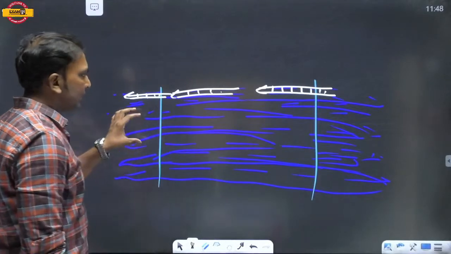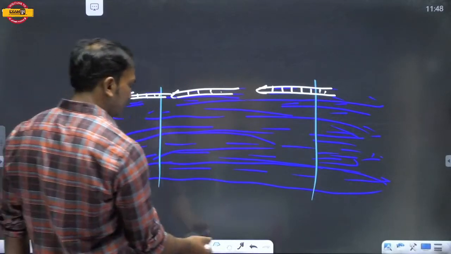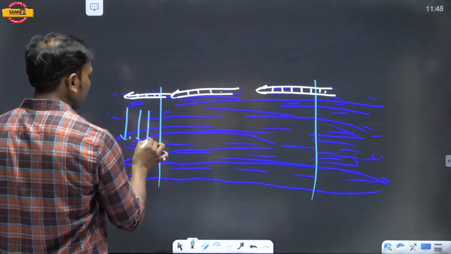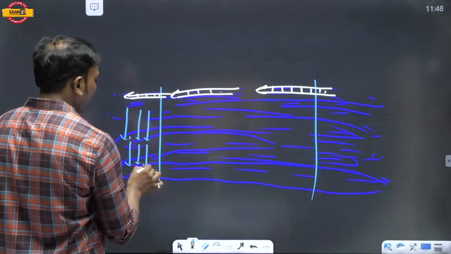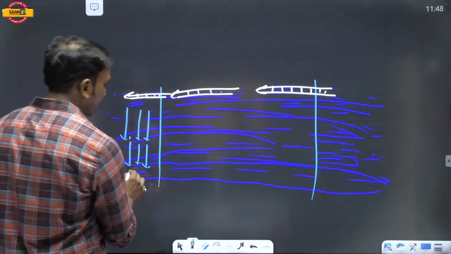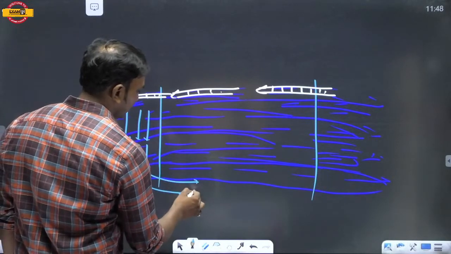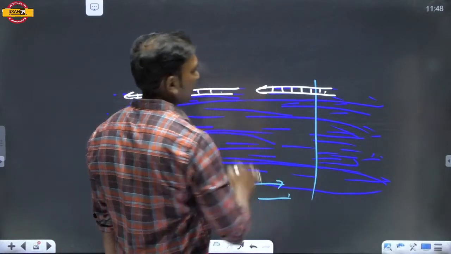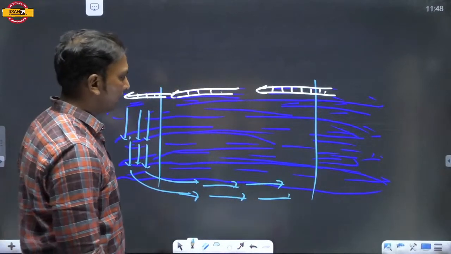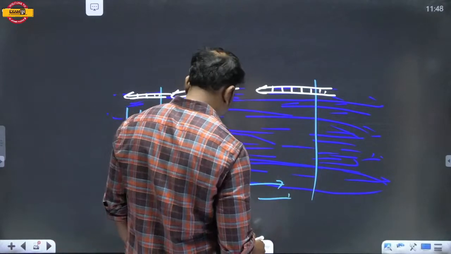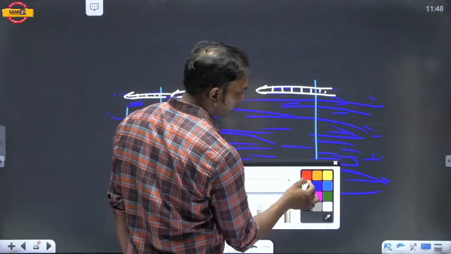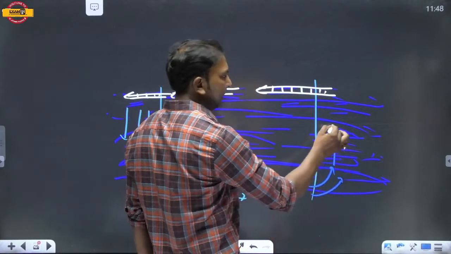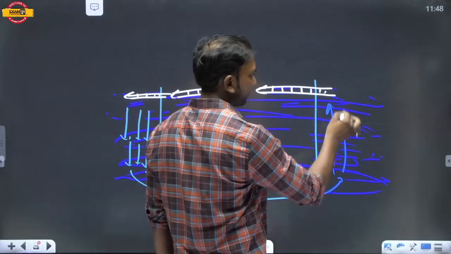Here you can see the density increases. When the density increases, it will go downwards, downwelling here, and then there is another current beneath that surface region. And at this place, here it is the upwelling process.